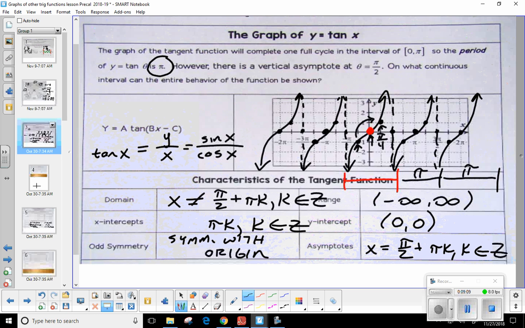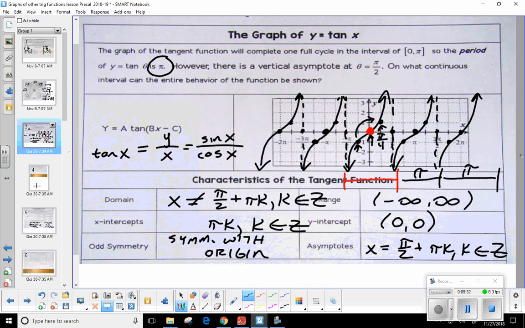All right, so a couple things. Tangent and cotangent, their period is only pi radians. So it's only going to take pi units for the graph to start repeating over and over again. Now, tangent and cotangent have asymptotes because there are places where tangent is going to be undefined.